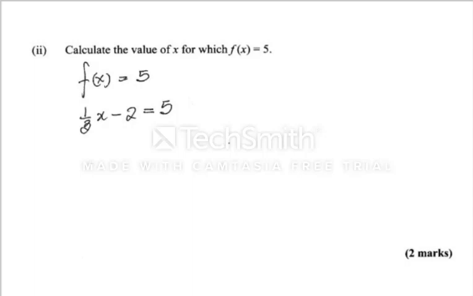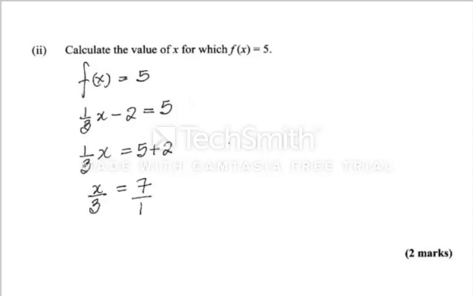All right, negative 2 goes over and becomes positive 2. So what we have is 1/3 x is equal to 5 plus 2. 1/3 x is the same as saying x over 3. Multiplying by a third is the same as dividing by 3, is equal to 7.